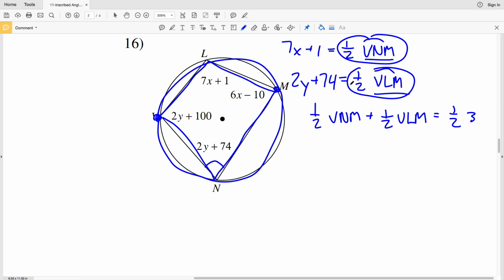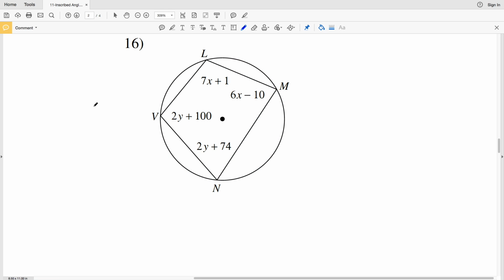So in other words, if I have two intercepted arcs that come together to form 360 degrees, then those inscribed angles will equal 180 degrees.